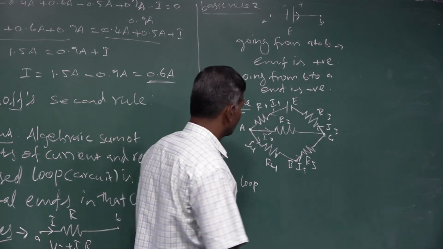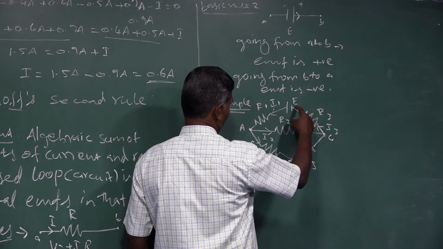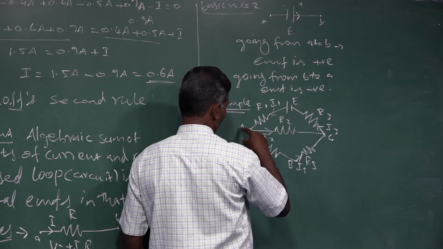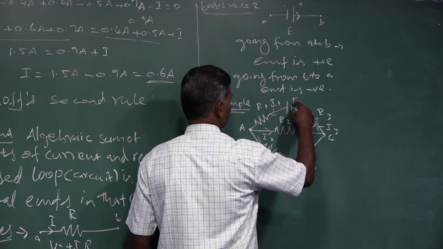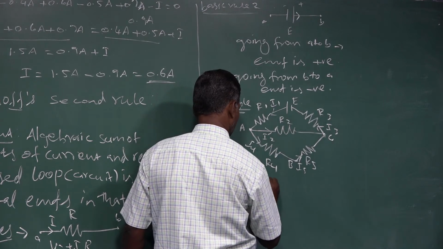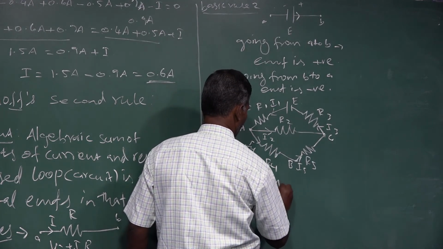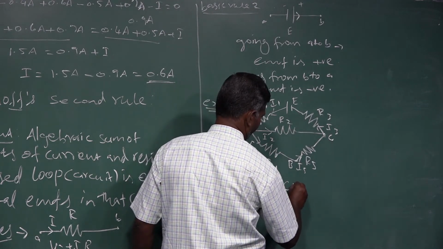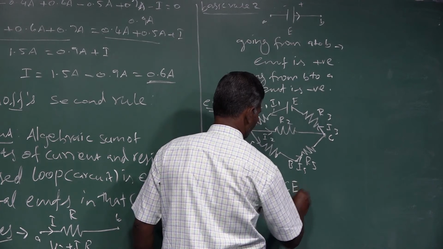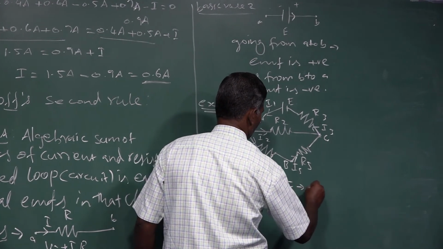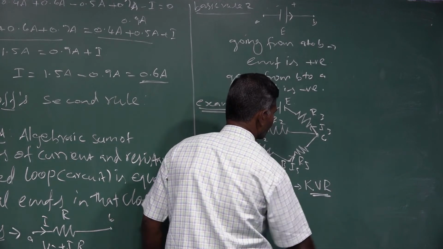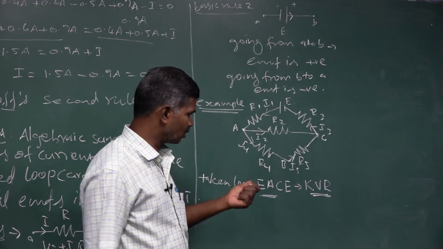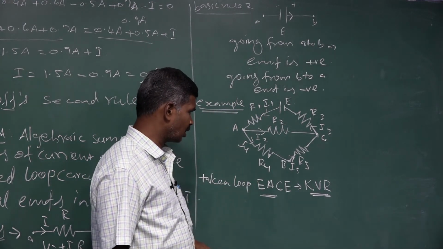For the movement direction, first I start from E, then A, then C, and then end at E. That is E, A, C, E. Which rule are we going to apply? Kirchhoff's voltage rule, which we name shortly as KVR.